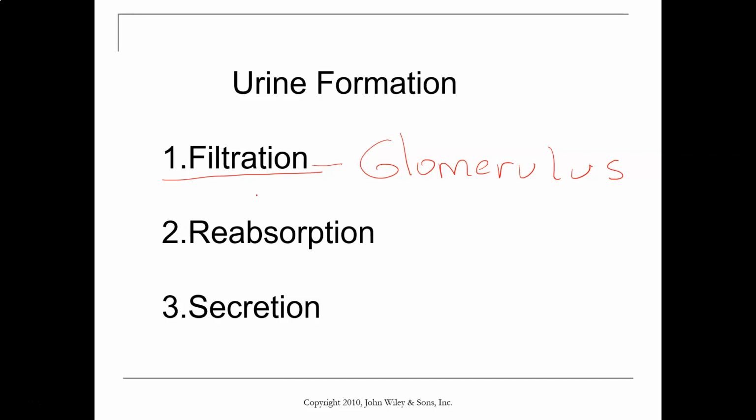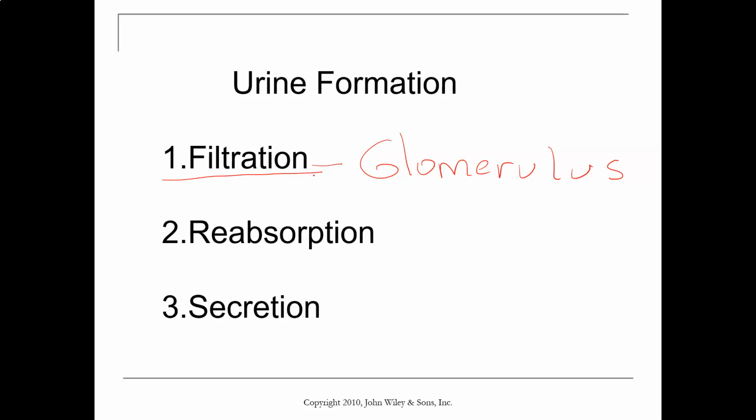So what's happening is as the blood enters this capillary bed, nestled in the glomerular capsule, there's a fairly high pressure in there, and it pushes some of the water in the plasma and small solutes out of the capillary and into the glomerular capsule of the kidney tubule.